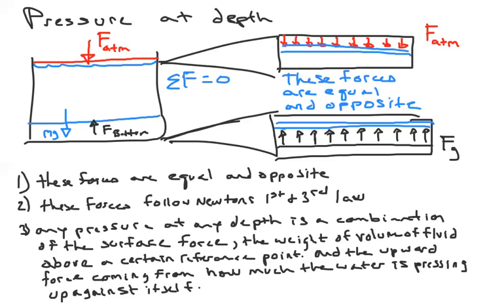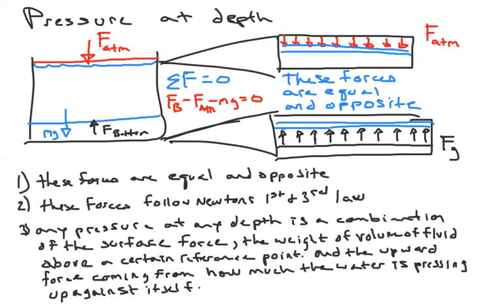So we know that these are the forces on the fluid, but they are all going to balance themselves out essentially. If we wanted to write an equation, we have the force from the bottom, minus the force of the atmosphere, minus the weight of the fluid, and those all are going to be equal to zero.